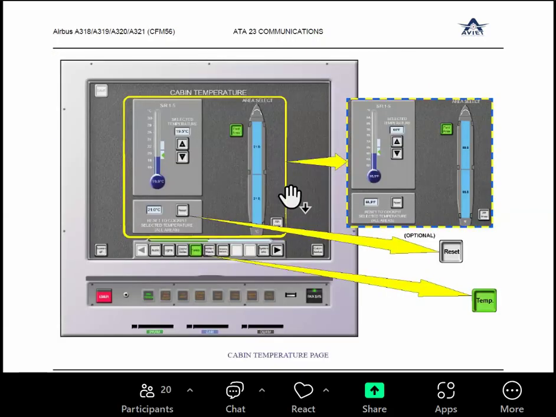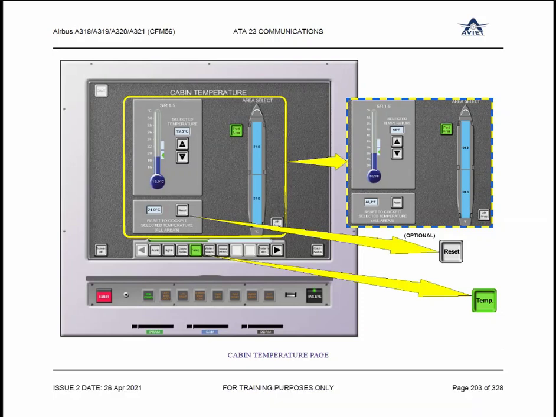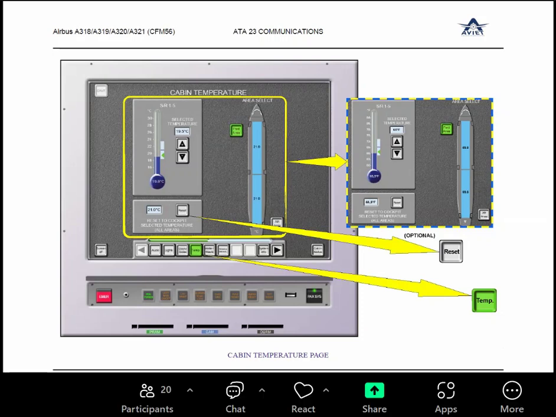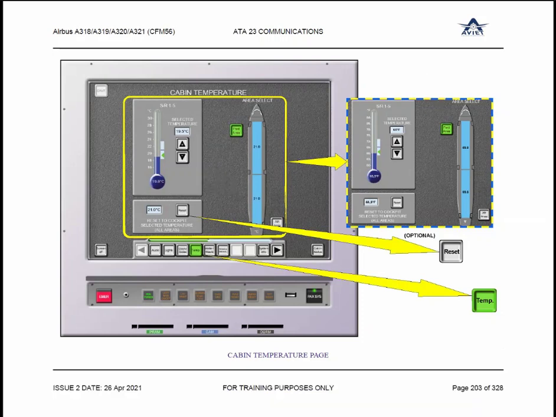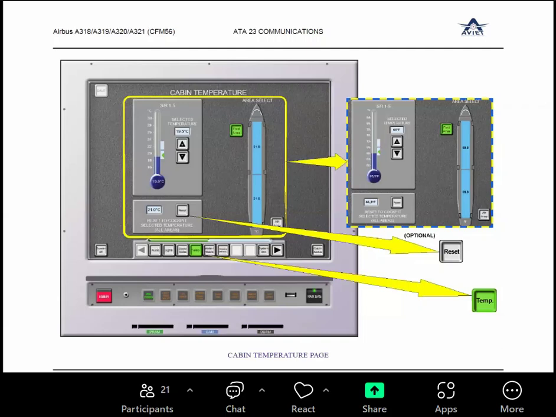Cabin temperature settings. Chapter 21 is complete, guys. Air conditioning, not yet? No. Okay, so I will explain this function here. In this function, cabin crew have been given a privilege of adjusting cabin temperature by plus minus 2.5 degrees.